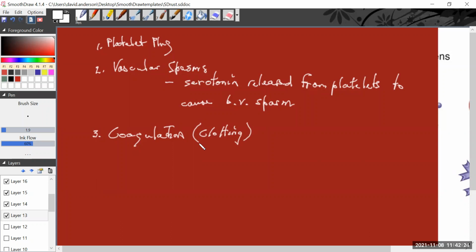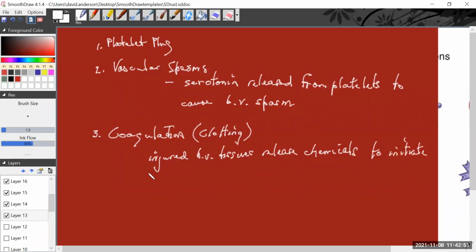So we start, for example, with the injured blood vessel tissues, release chemicals to initiate the steps of coagulation.